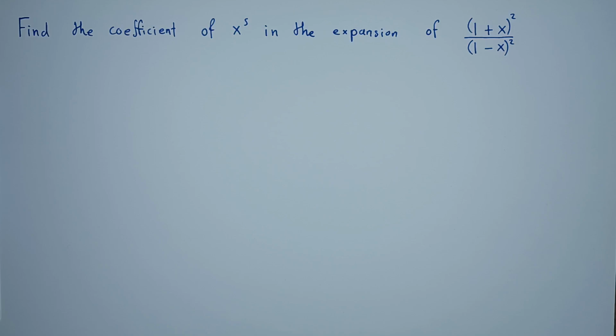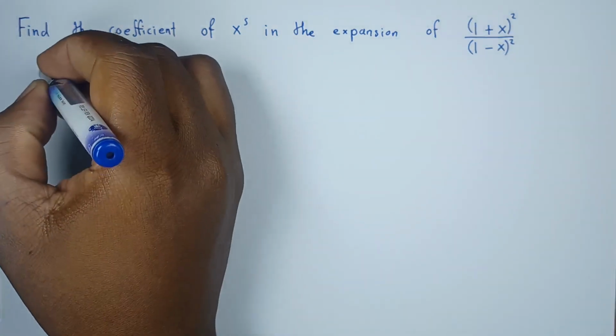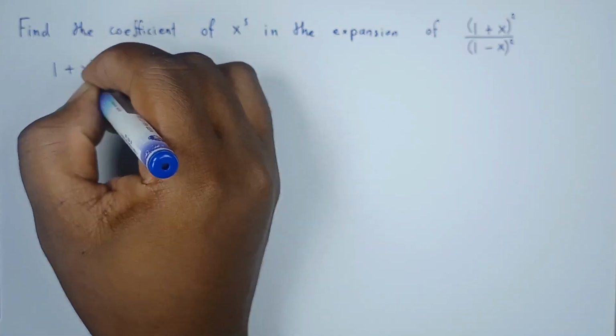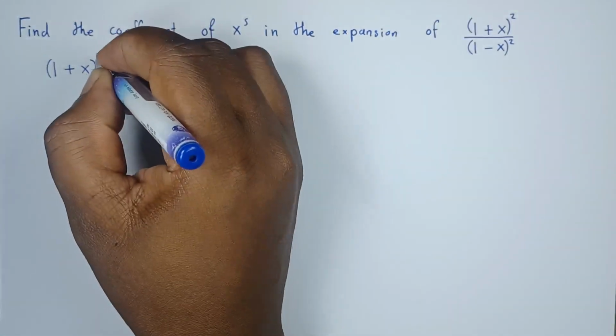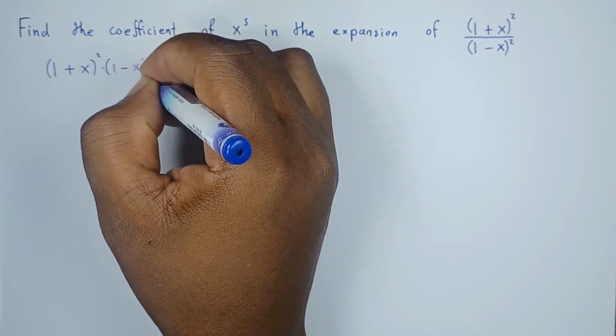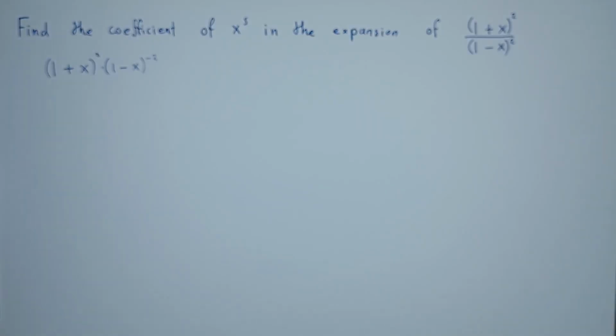So the first thing we're going to do here is write this as (1 + x) raised to the power 2 multiplying with (1 - x) raised to the power -2.